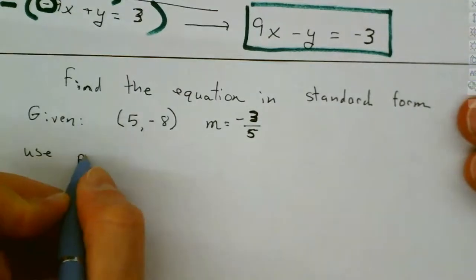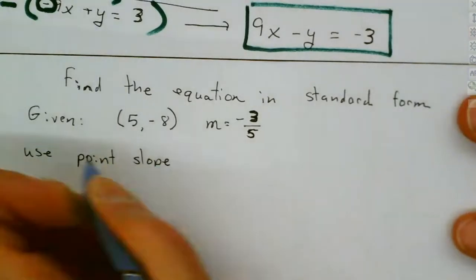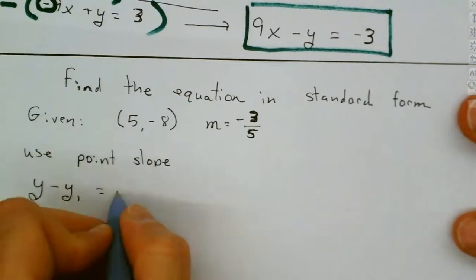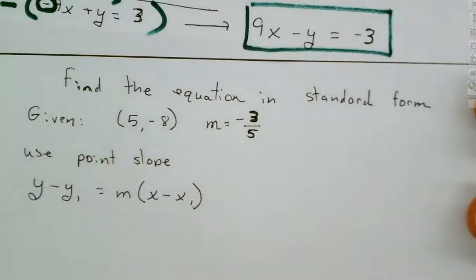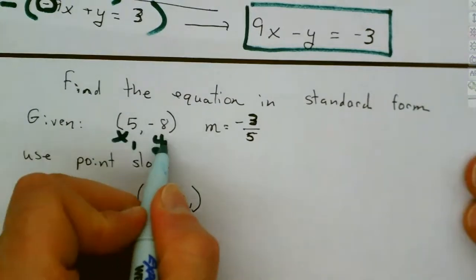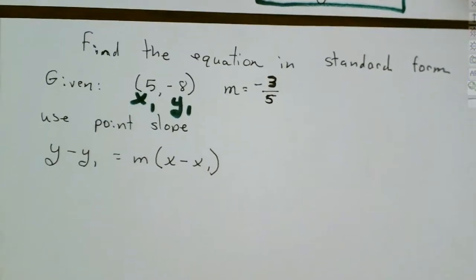So now we're going to use the point-slope, which is y minus y1 equals m times x minus your x1. And this is your x1, and this is your y1. So that's what we've got.